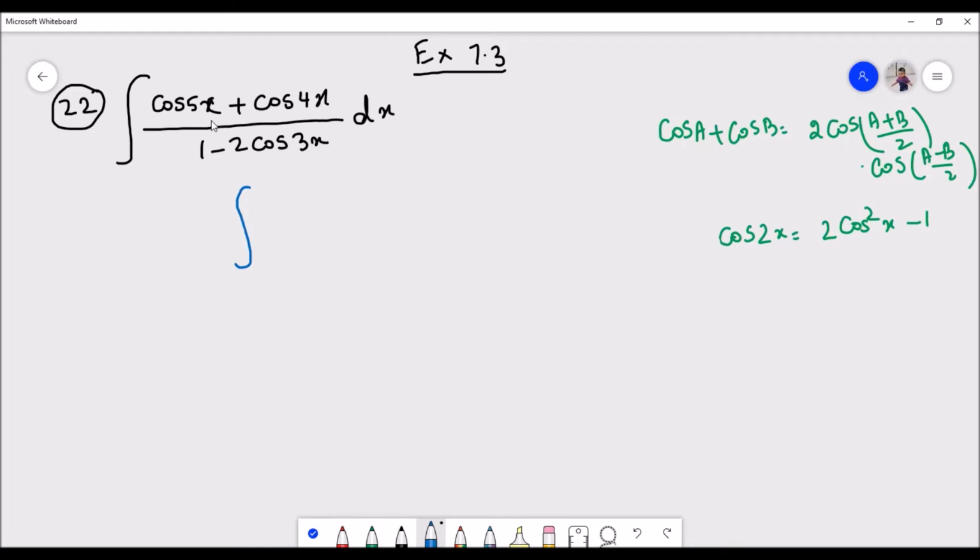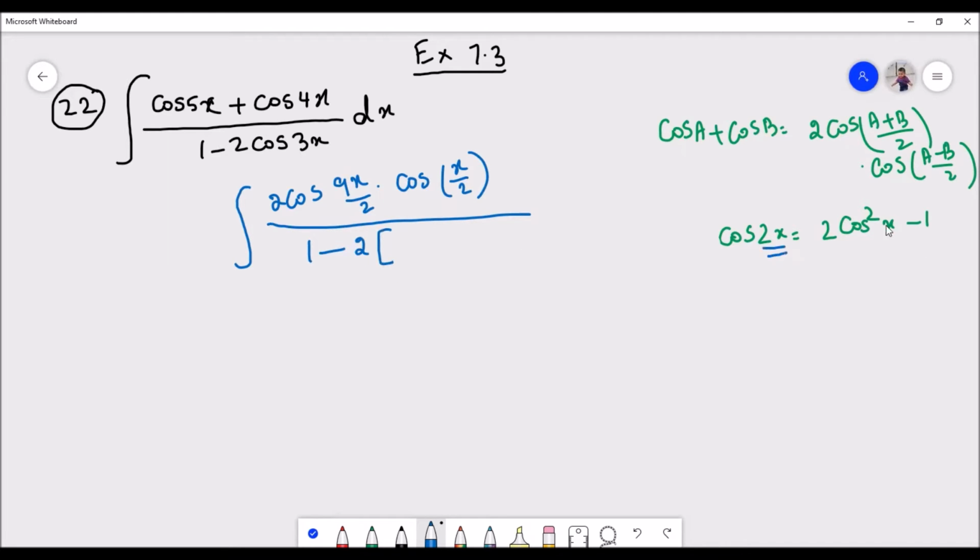Integration of cos A plus cos B forms 2 cos((A plus B) by 2), that means 2 cos of (5x plus 4x), which is 9x by 2, into cos((A minus B) by 2), cos of (5x minus 4x), which is x by 2, over 1 minus 2 times cos 3x.